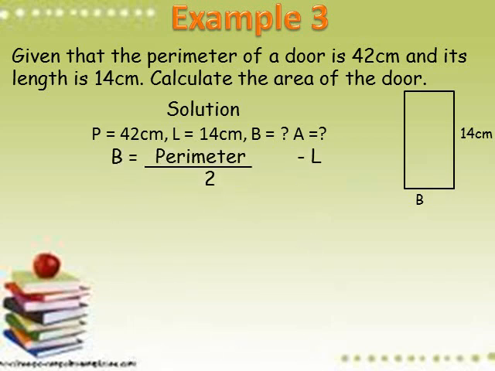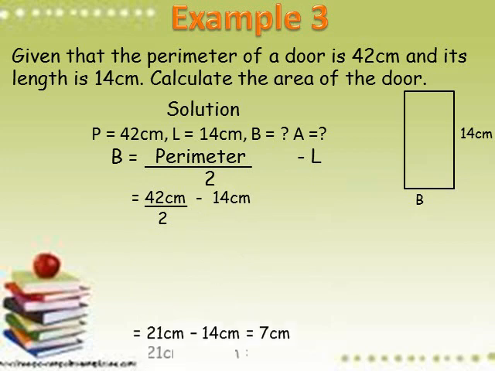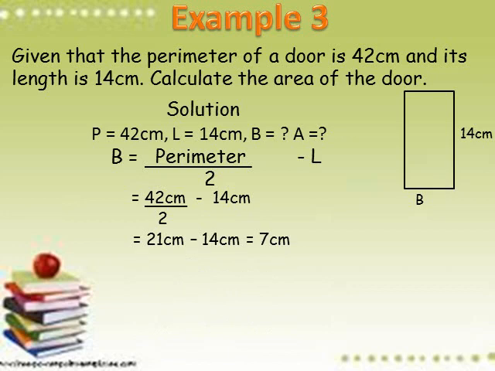Breadth equals perimeter divided by 2 minus length. What's our perimeter? 42 centimeters divided by 2 minus 14. Now 2 in 2, 1. 2 in 42 is what? 21. Then minus 14, which gives us 7 centimeters. Our breadth now is 7 centimeters.